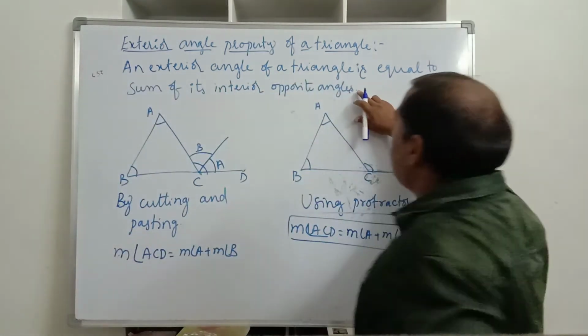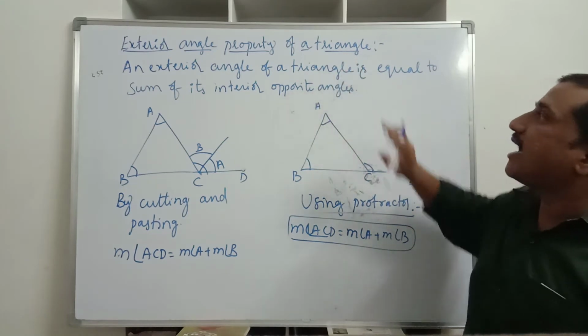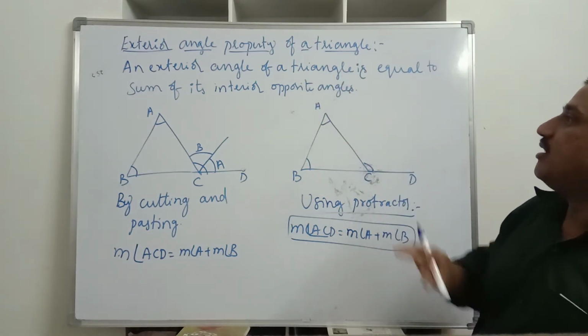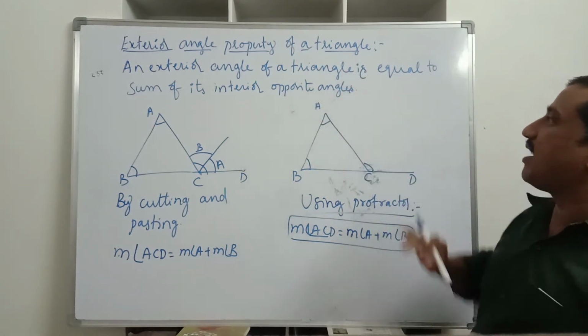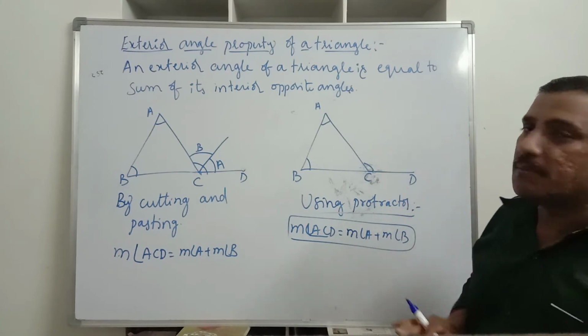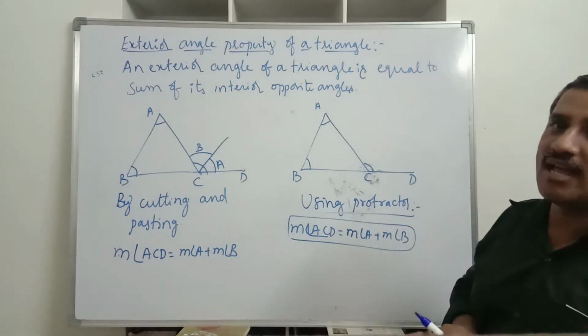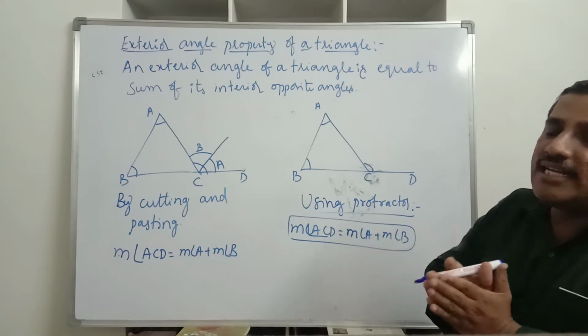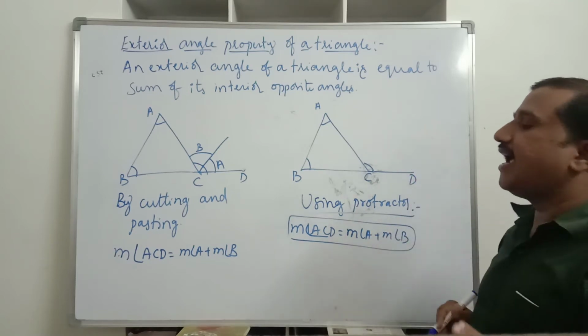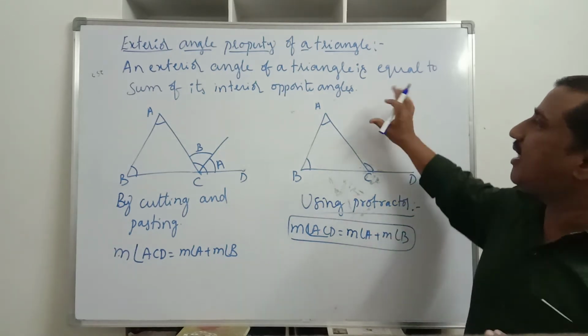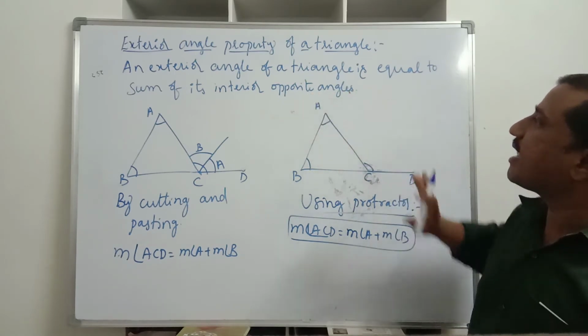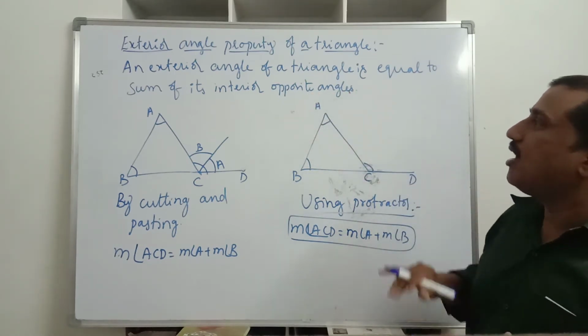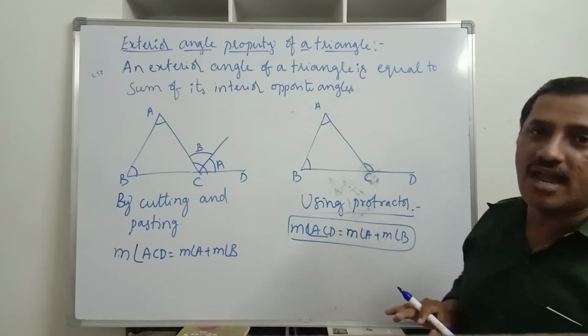This property is known as the exterior angle property of a triangle. By adding the interior opposite angles, we get the exterior angle. Is it clear?